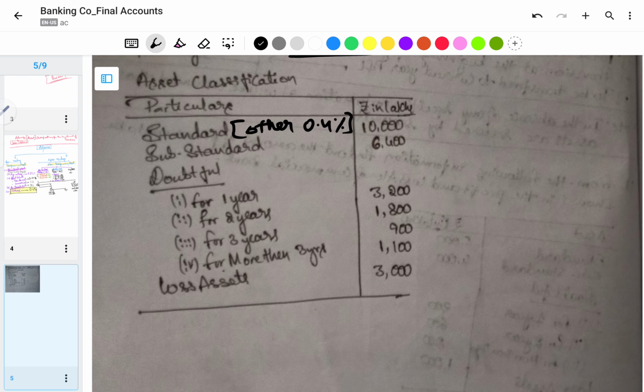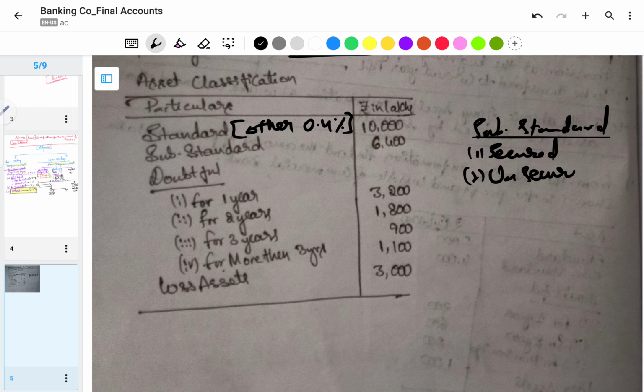Then we have substandard assets. Under substandard assets we have three subtypes: secured, unsecured, and escrow account.